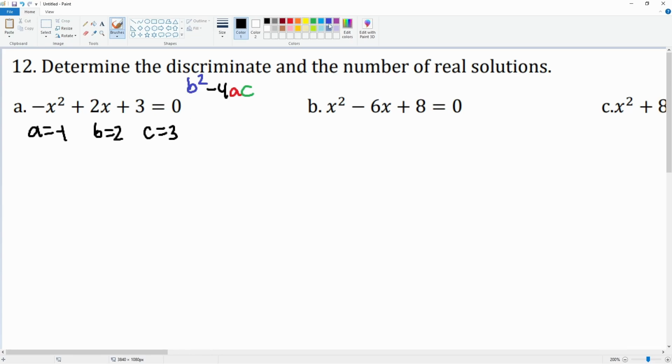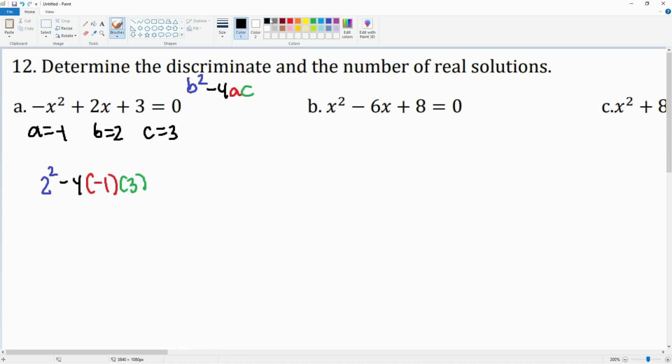Let's plug this into the discriminant formula. So it becomes 2 squared minus 4 times -1 times 3. I can just plug that all into a calculator and see what I get. I get the value of 52. 2 squared minus 4 times, oh, no, that should not be correct. 2 squared minus 4 times -1 times 3.